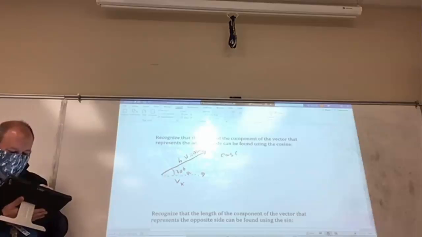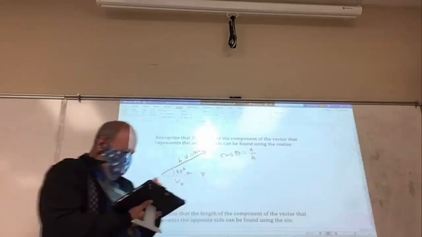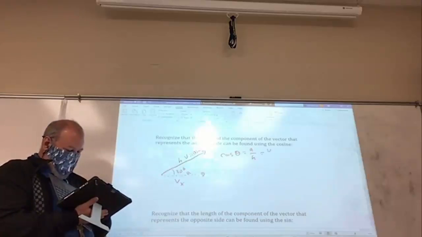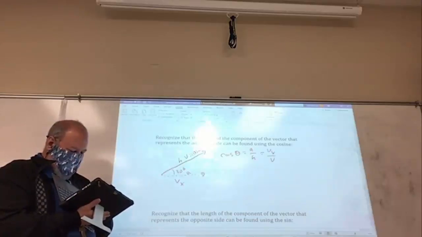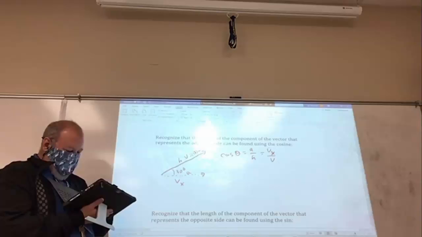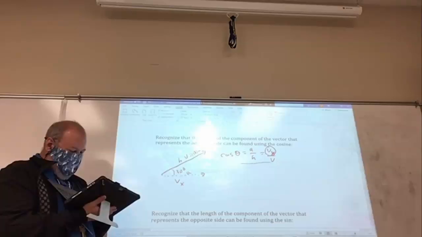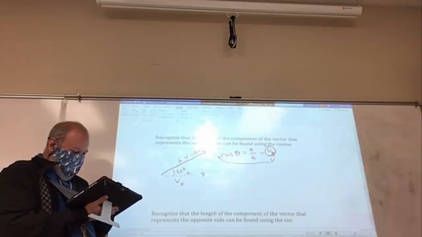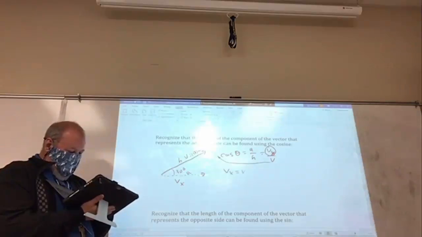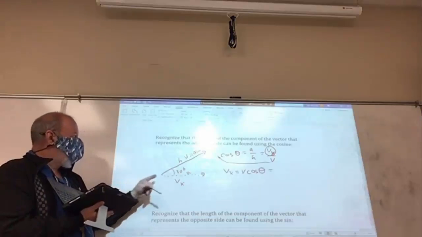Cosine of theta equals adjacent over hypotenuse, which also equals Vx over V. I want Vx, so I can isolate Vx by multiplying both sides of the equation by V, and that gives me Vx equals V times the cosine of theta.